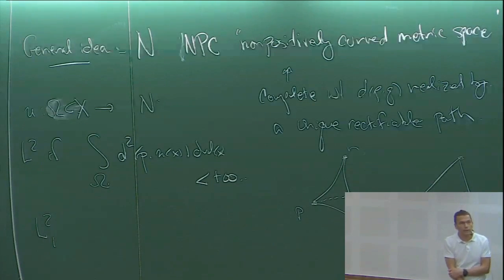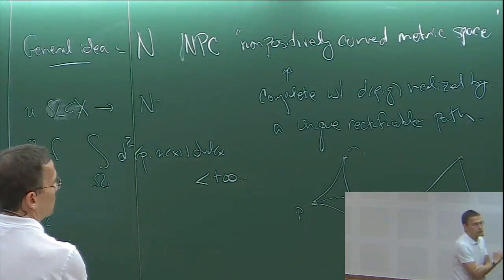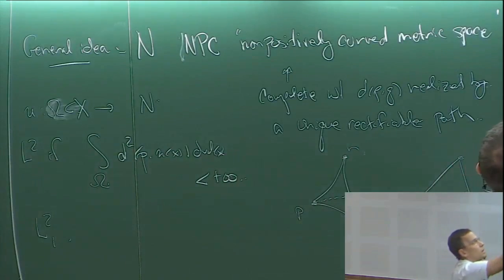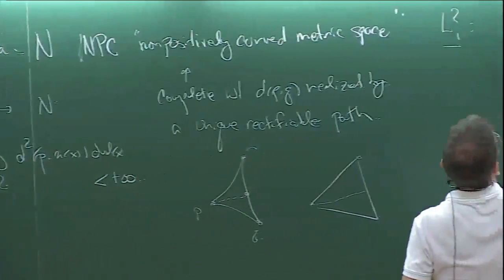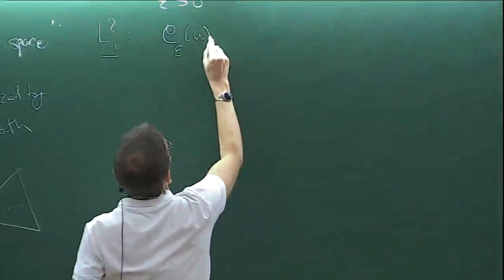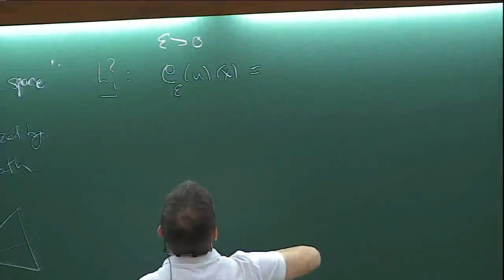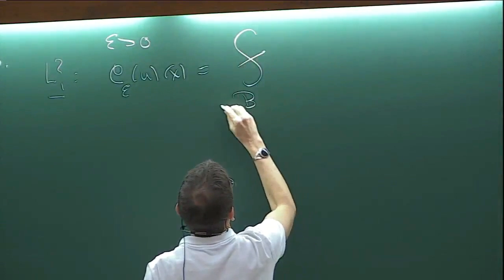So how do we do that? We do that by using ball averages. So let me define, let me do it over here. So for L2-1, first of all, I'll define the energy density depending upon some epsilon at a point x, the approximate energy density, and this will be the ball average.